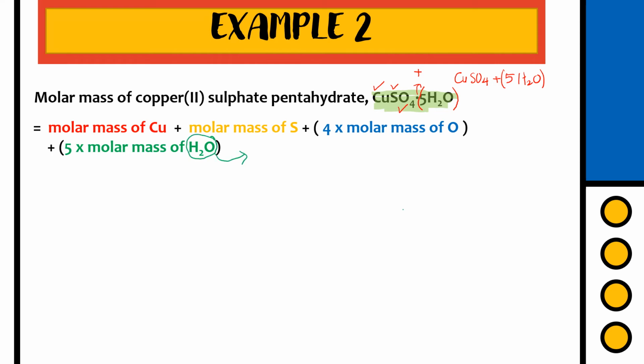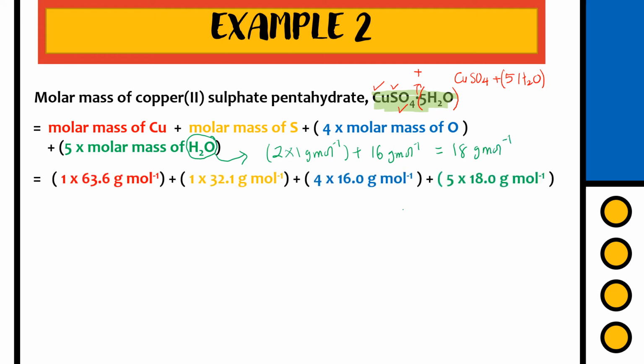Okay, so molar mass H2O, 2 hydrogen, so 2 darab 1 gram per mol, tambahkan dengan oksigen. Okay, molar mass oksigen adalah 16 gram per mol. Okay, jadi molar mass of water adalah 18 gram per mol. Okay, jadi dia akan jadi macam ni.